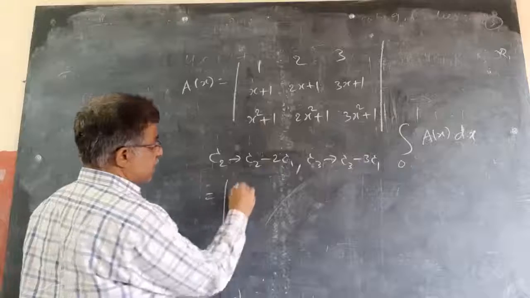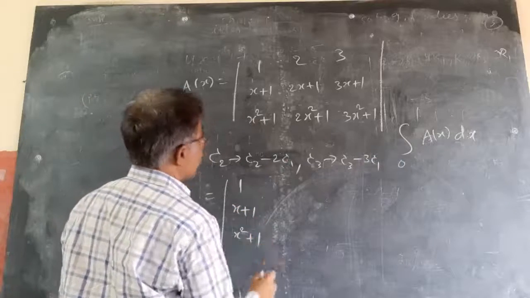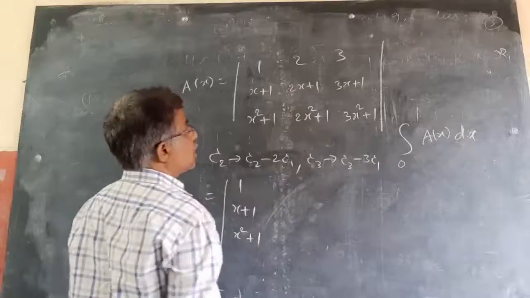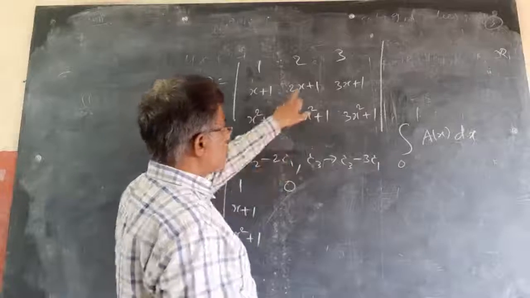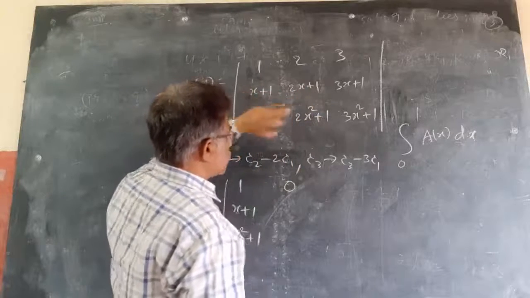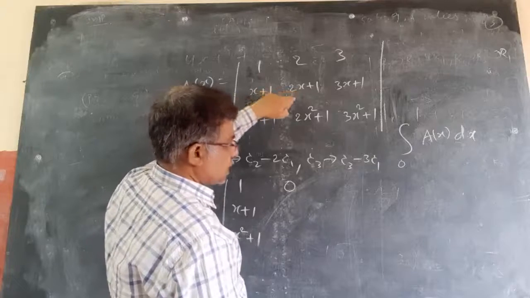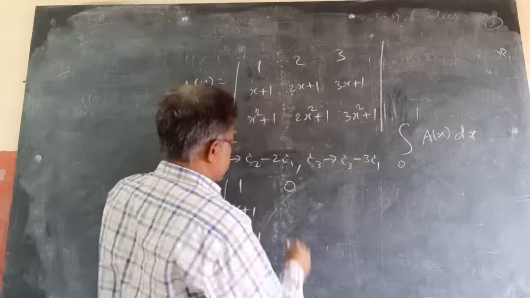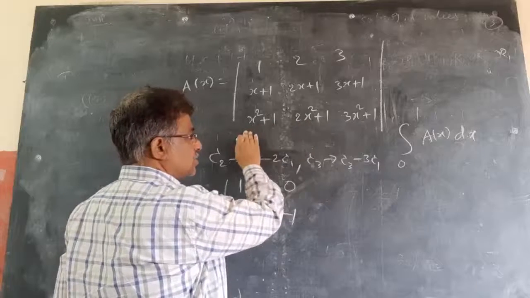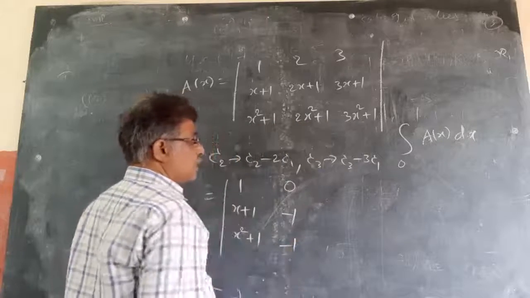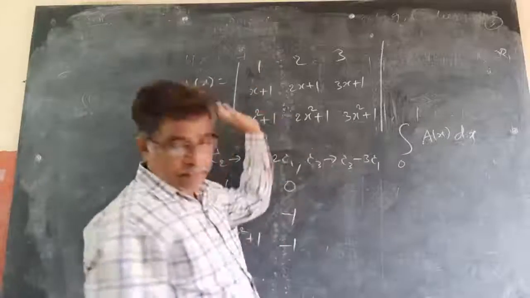So first column becomes as it is, 1, x plus 1, x square plus 1, but from here 2 minus 2 is 0, 2x plus 1 minus 2x minus 2. This is if I multiply with 2, 2x plus 2. So 2x cancel, 1 minus 2 is minus 1. Same, this is also 2x square cancel, 1 minus 2 minus 1. Again multiplying this with 3, then subtracting.